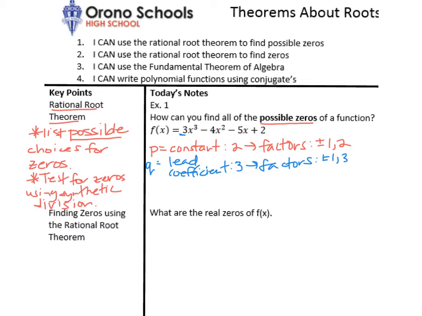Now your possible zeros, the list you get, comes from taking all of the possible factors for the constant divided by all the possible factors for the lead coefficient. That means we'll have plus or minus a bunch of different choices. I'll do 1 over 1 and 2 over 1, and then 1 over 3 and 2 over 3.